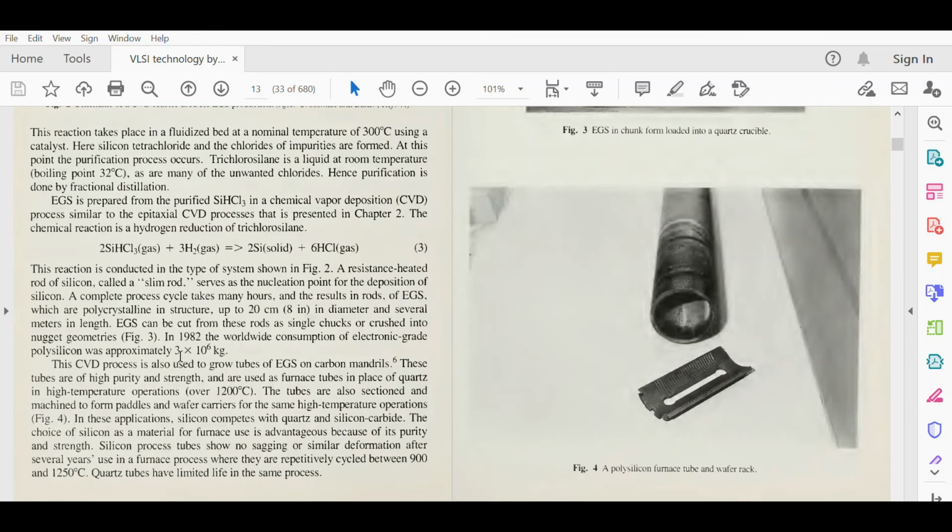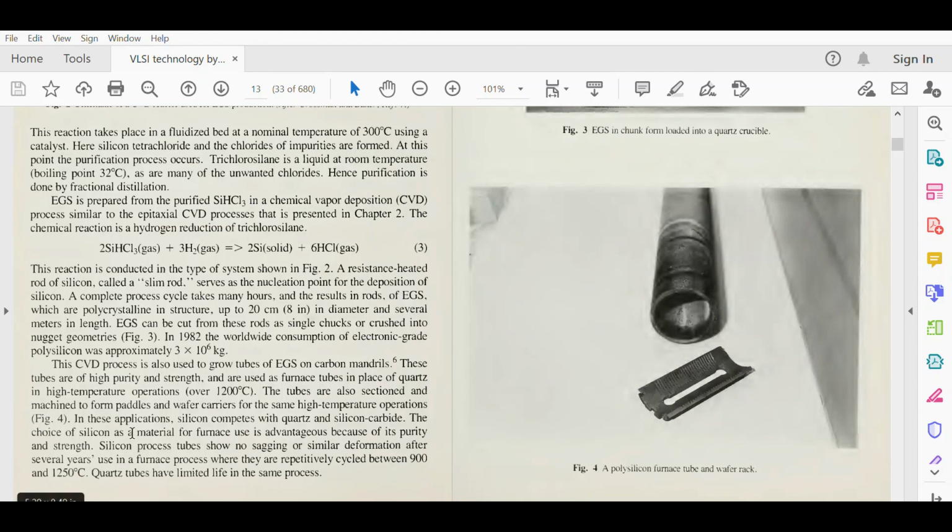So this CVD process is also used to grow tubes of EGS on carbon mandrels. These tubes are of high purity and strength and are used as furnace tubes in place of quartz in high temperature operations. The tubes are also sectioned and machined in the form of paddles and wafer carriers for the same high temperature operations. This is the figure for that. In these applications, silicon competes with quartz and silicon carbide.